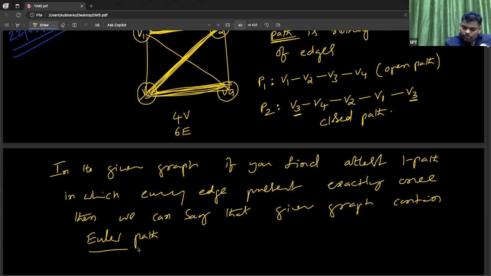Right? Please write this down. In the given graph, if you find at least one path in which every edge is present exactly once, then we can say that the given graph contains an Euler path.